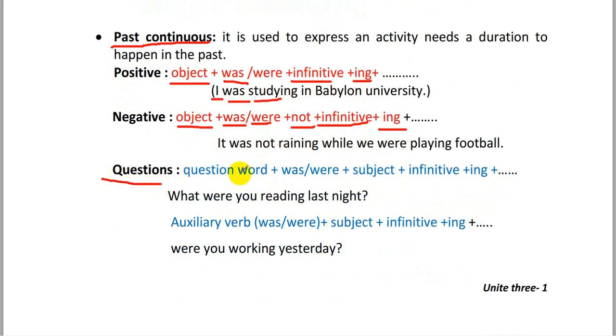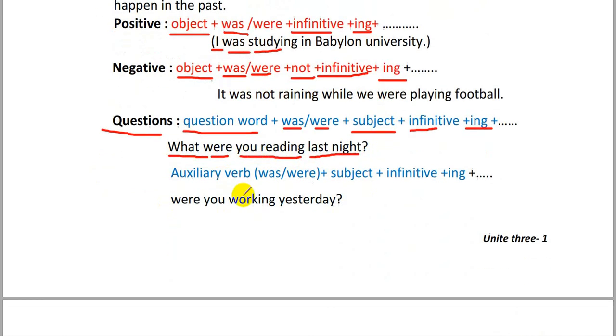Questions. We can use either question word or auxiliary verb. The form for question word: question word, was or were, depending on the subject, infinitive plus ing. For example, what were you reading last night? Auxiliary verb.